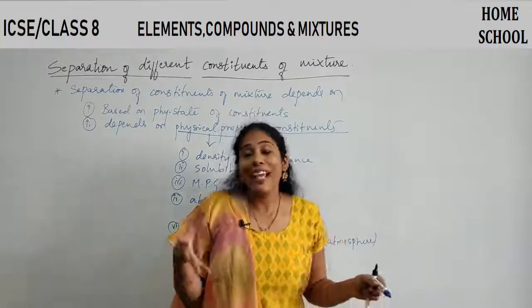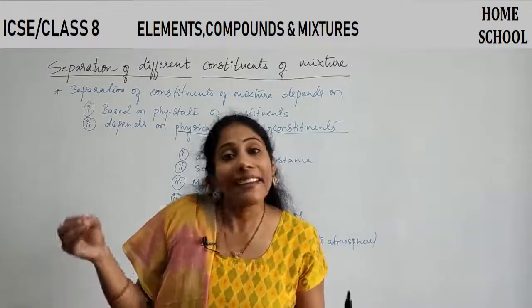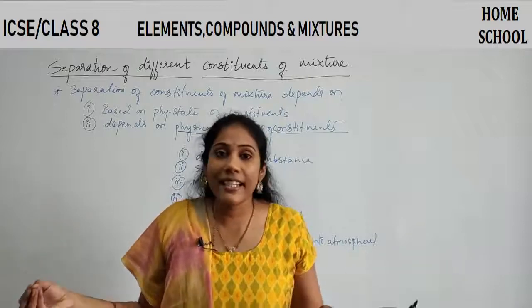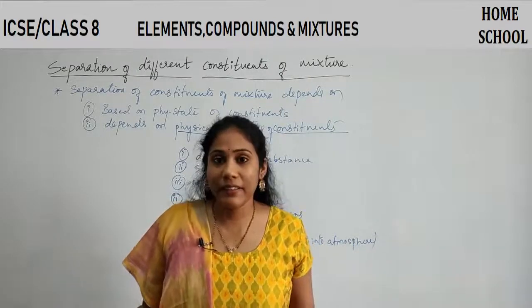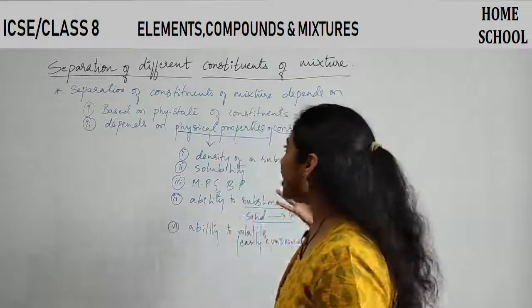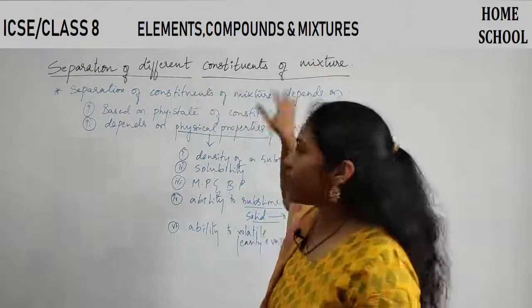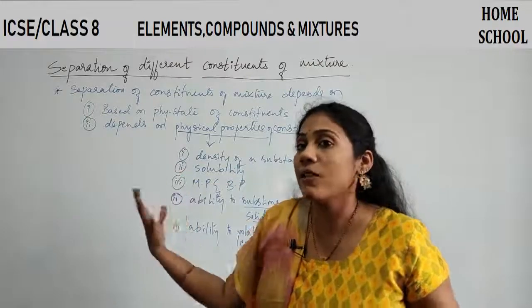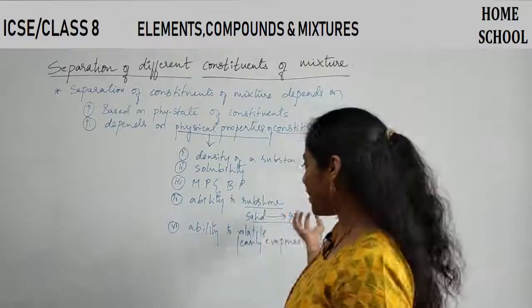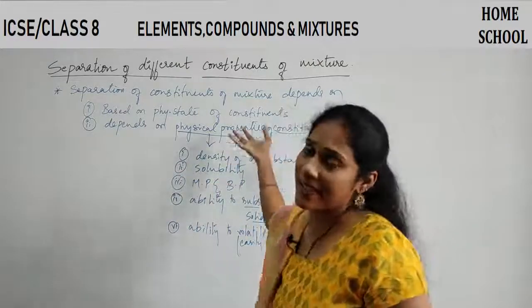These things will help us to separate the components of a mixture easily by selecting a suitable method, right? So this is some general idea behind the separation of the constituents of a mixture, like on what basis we separate the constituents of a mixture.